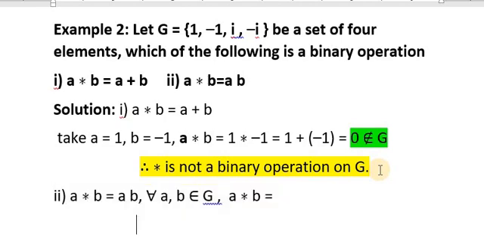In this case, a star b is equal to ab. So for all a, b belongs to G, a star b is equal to ab.